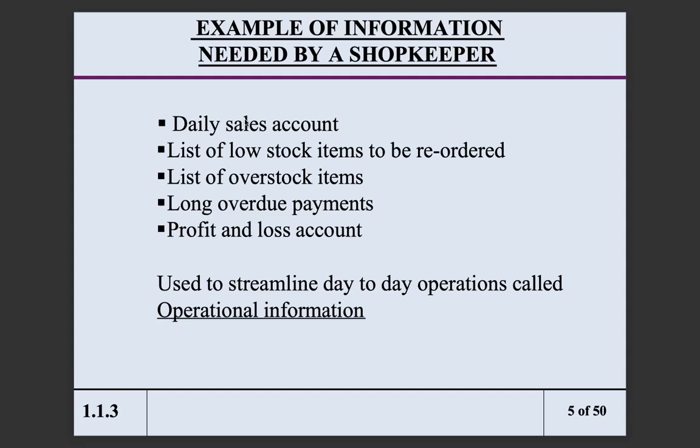So this information is normally used to streamline day-to-day operations. If you check all these, these are daily counts, daily sales accounts, and the list of low stock items to be reordered. It's also sometimes day-to-day operations related, and the overstock items, long overdue payments, and the profit and loss accounts.